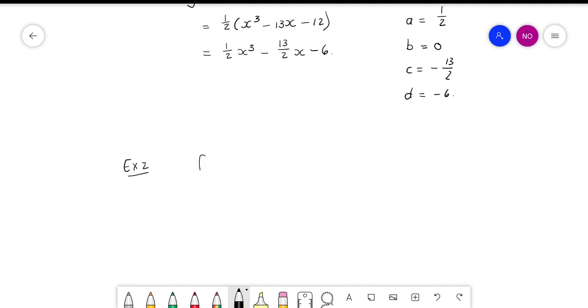Weer eens is dit f van x is gelyk aan ax tot die mag 3 plus bx kwadraat plus cx plus d.